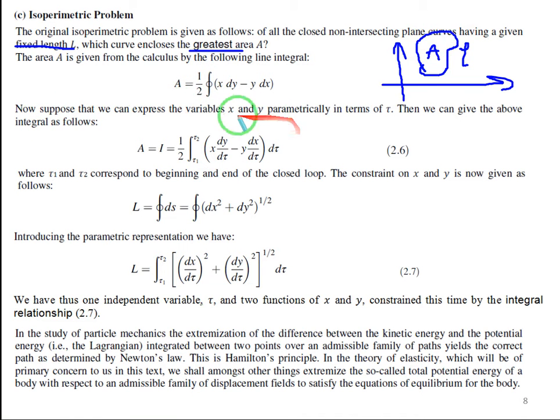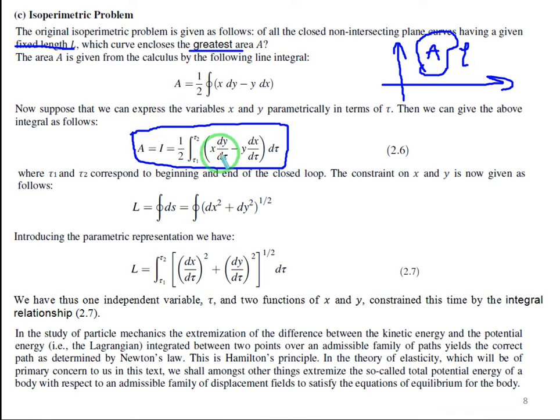And if we express x and y parametrically in terms of tau, then we can say that dy equals the derivative of y with respect to tau multiplied by d tau, and dx equals the derivative of x with respect to tau multiplied by d tau. If we rewrite these equations, we can have a functional in this form.